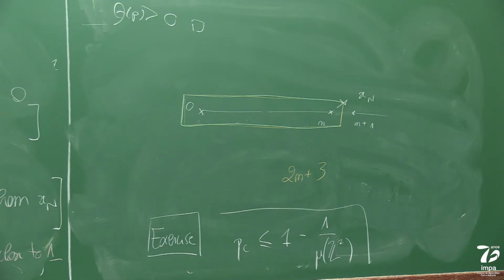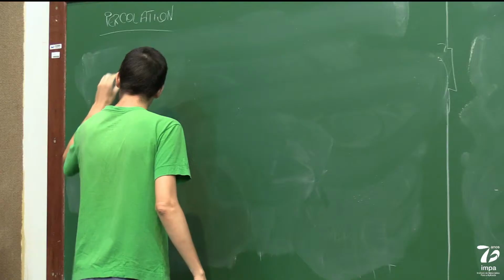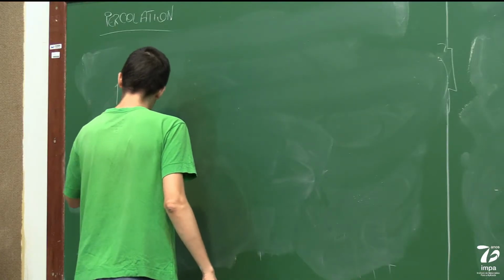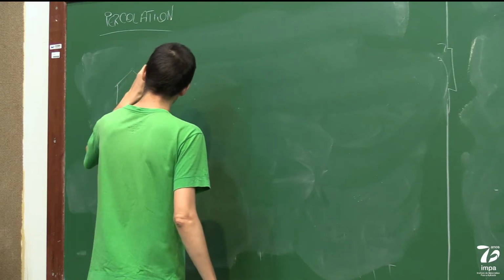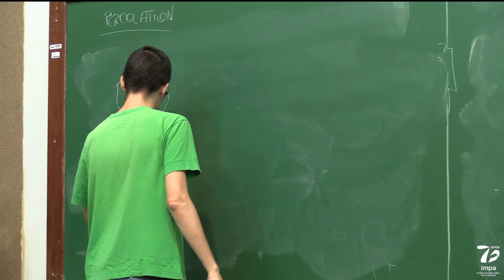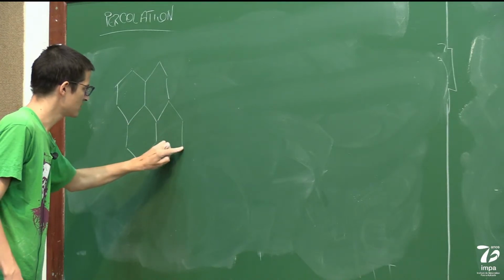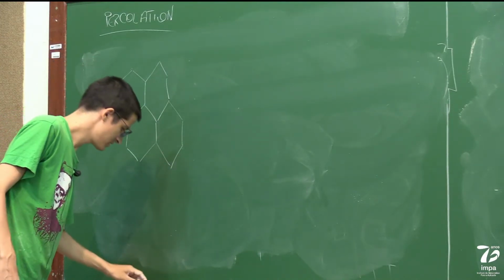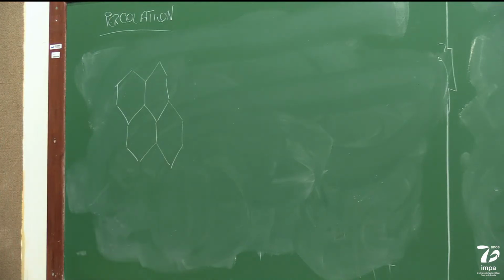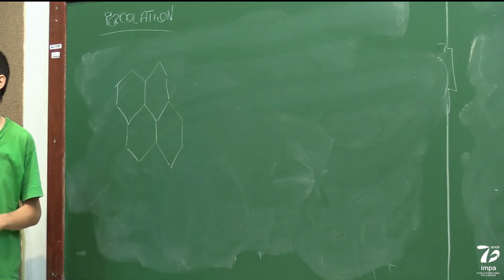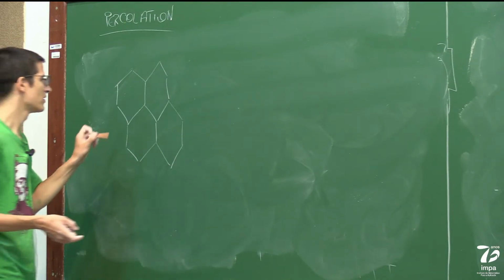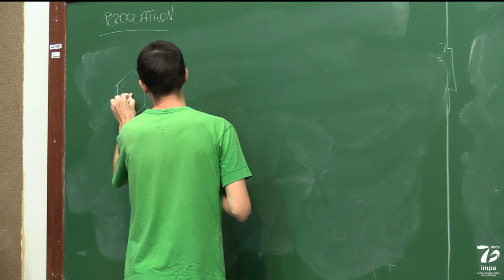Let me try to tell you why. The two lattices I gave you last time were the hexagonal lattice, where you just have this hexagon pattern and you extend it to infinity, and the triangular lattice. And if you take the dual of the hexagonal lattice, you get the triangular lattice. So basically, for any planar graph, you can always construct a dual graph.